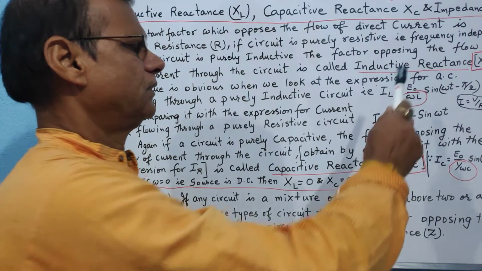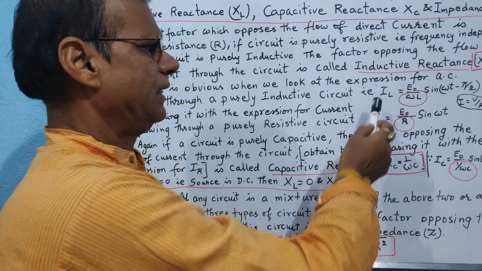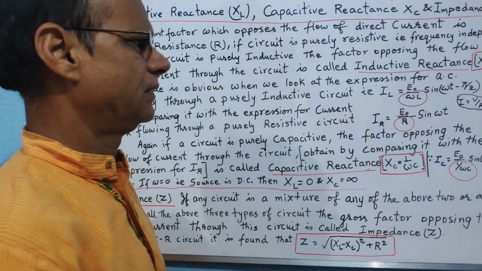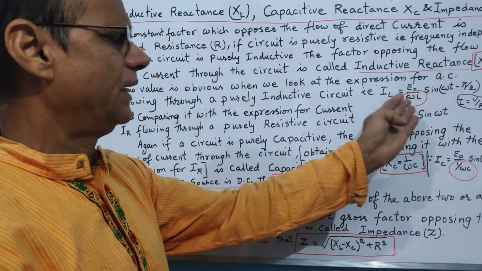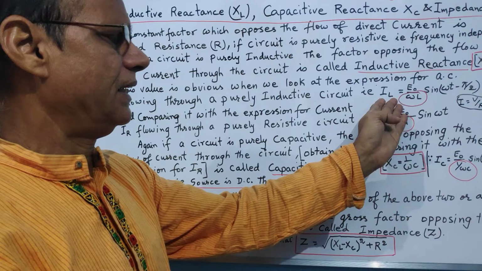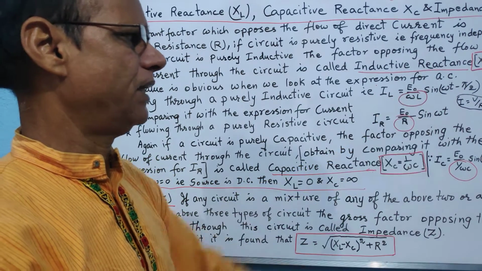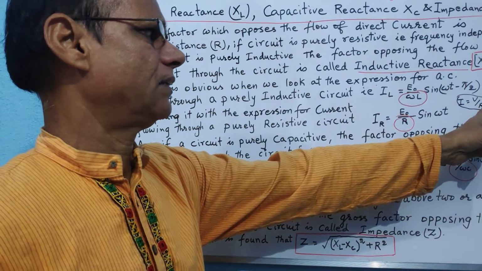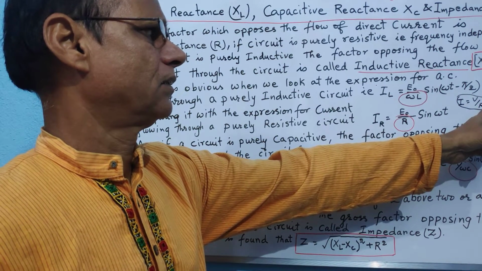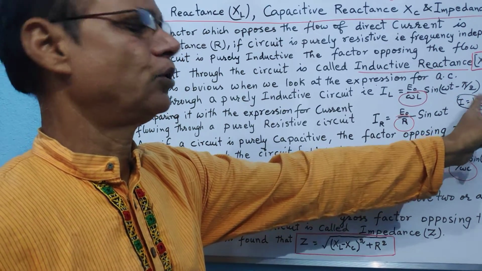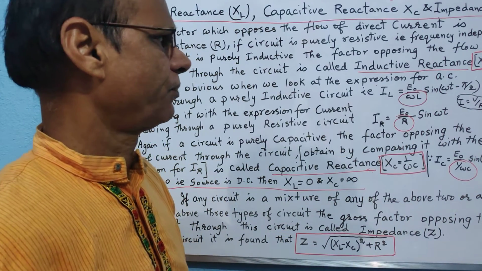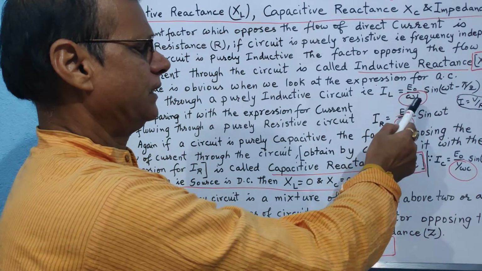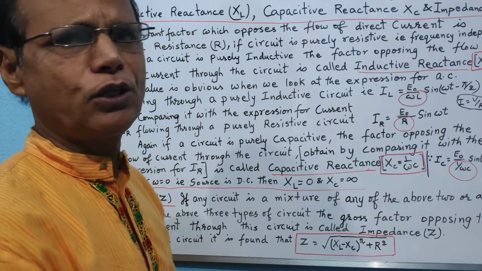And the smaller the value of omega L, the higher the value of IL. So omega L stands in the same place where the resistance is situated in the expression for ohmic current. Therefore we define this new term XL, equal to omega L.